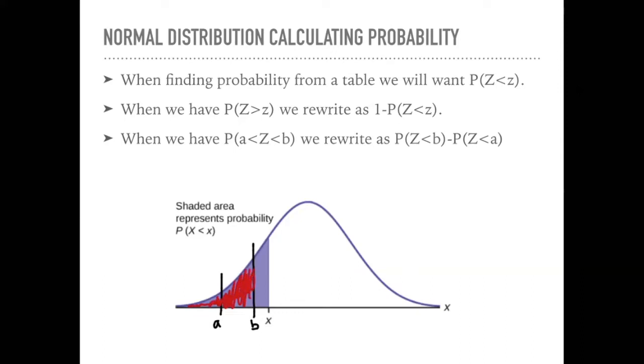That is probability z is less than b. But I just wanted the area between the two black lines. Well, probability z is less than a is that blue area. So if we take that away from the red area, then I just have the area between the two lines.